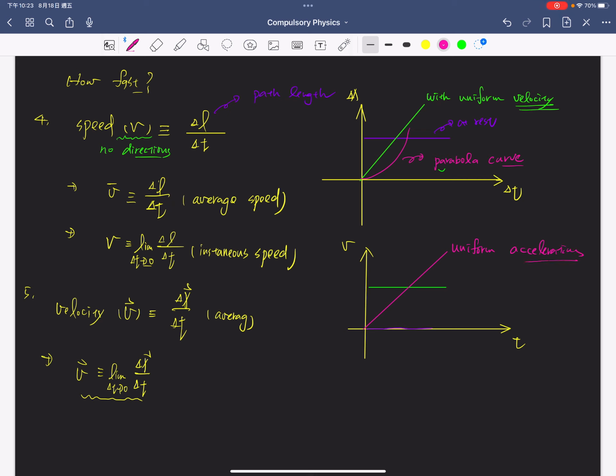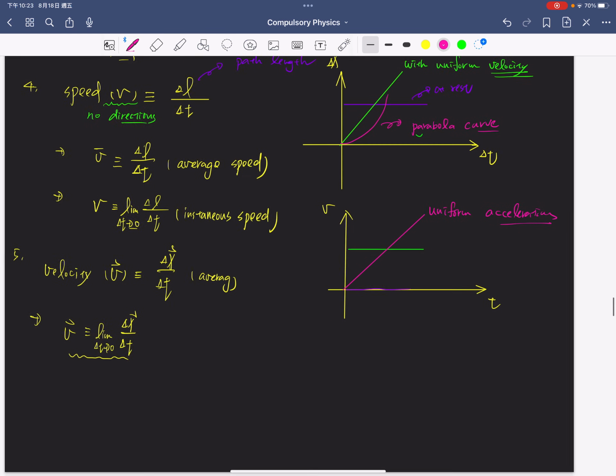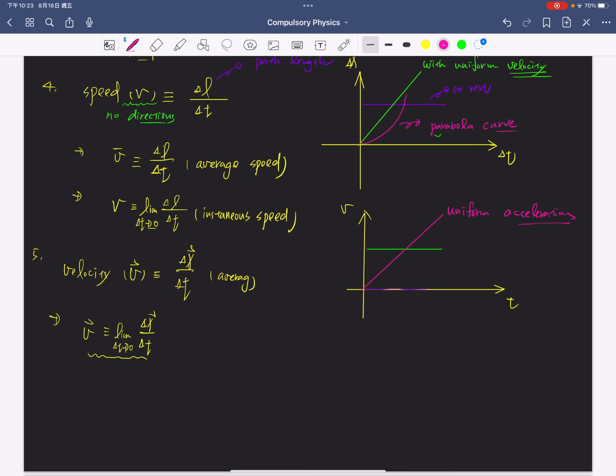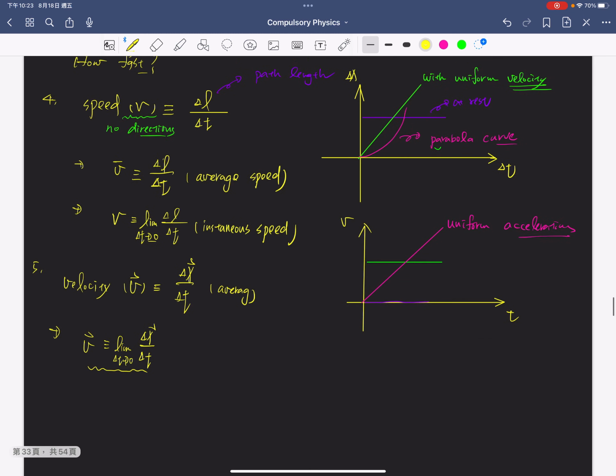Okay, so these are some diagrams to help us know the state of the motion. When we finish this, I want to introduce another definition, the acceleration a, like this one.